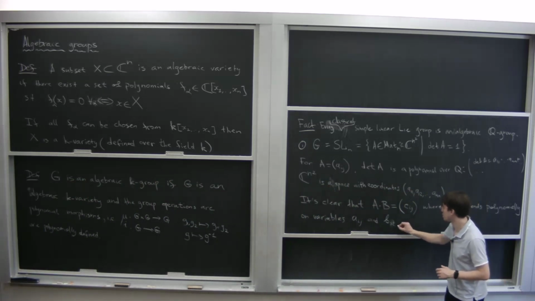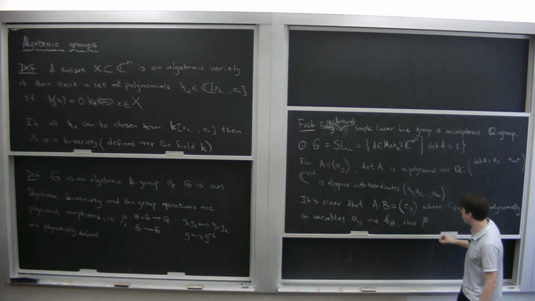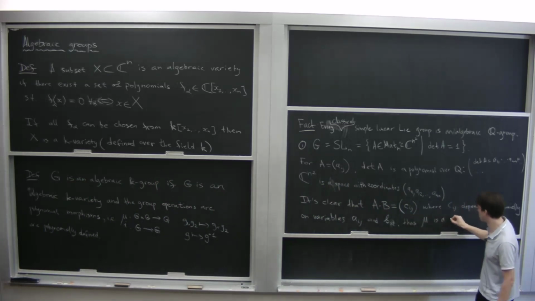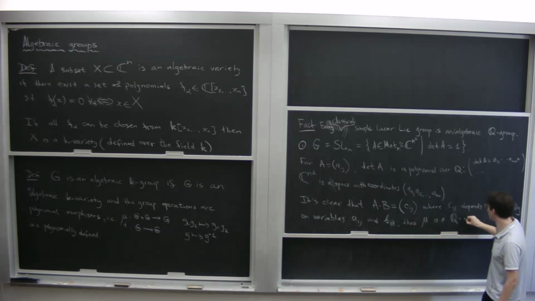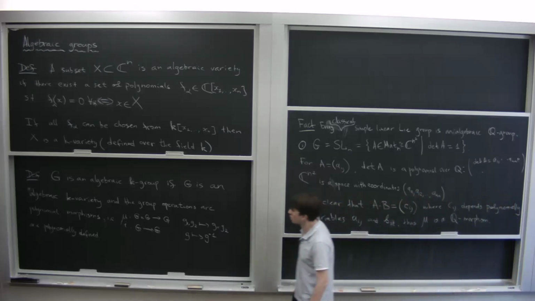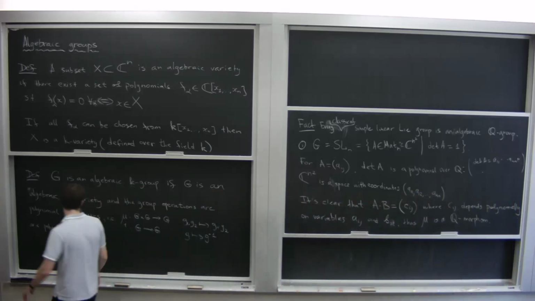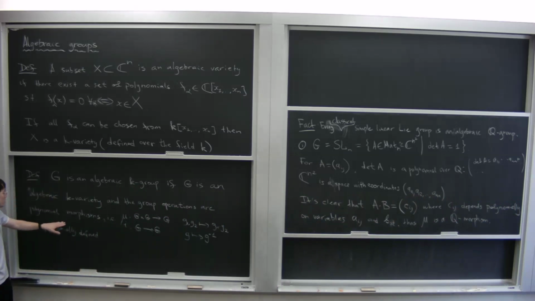It's clear that, so thus mu is a Q morphism. I didn't actually write it here, but I want them to be K polynomial, or polynomial K morphisms.